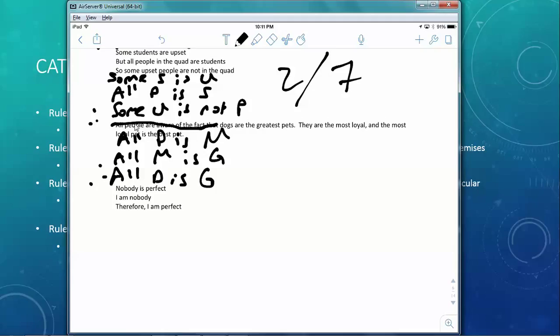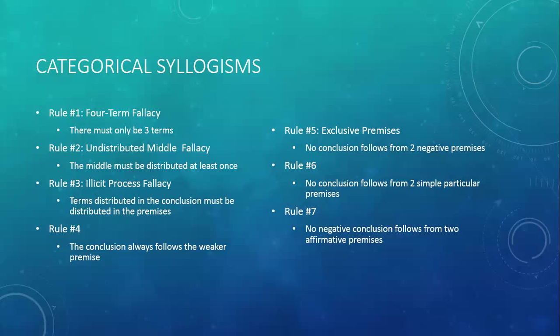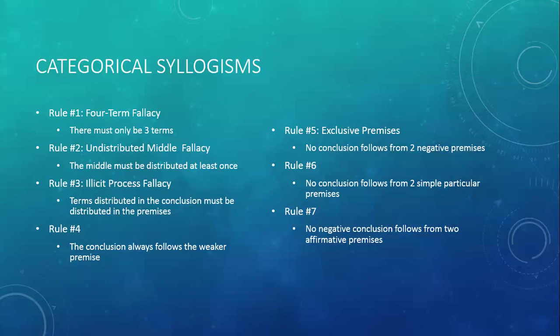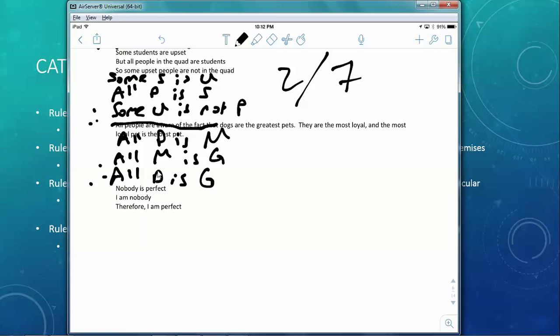I'm okay with that. There are no some's, so I don't have to follow the weaker premise. There are no negative premises, so I don't have to worry about that. I don't have any some's, so I'm not worried about rule 6. And I don't have a negative conclusion, so I'm not worried about this. This guy is valid.